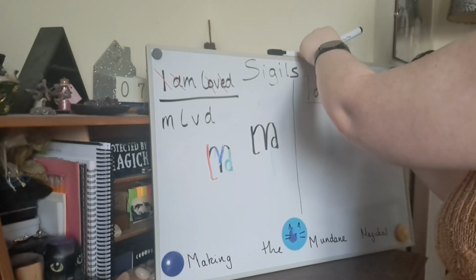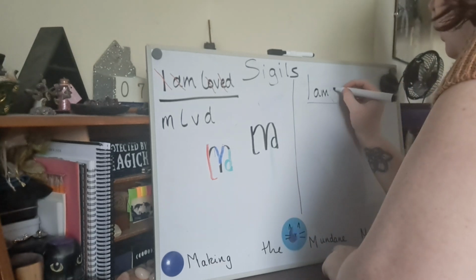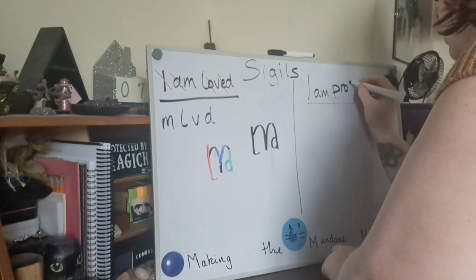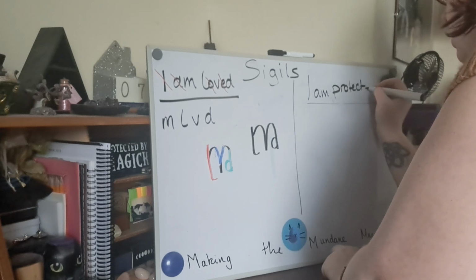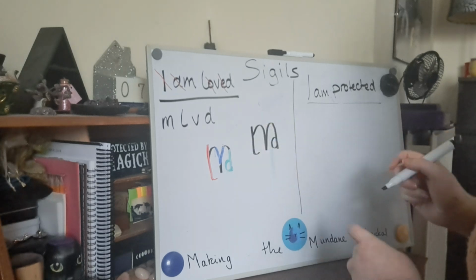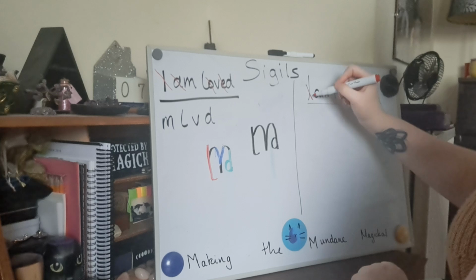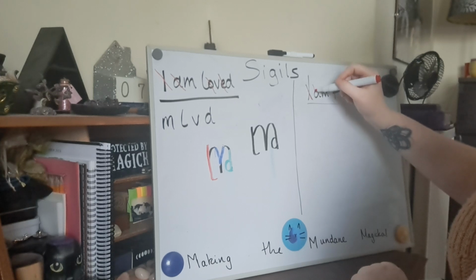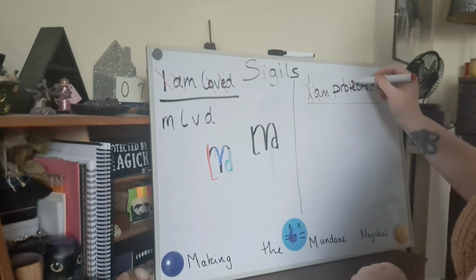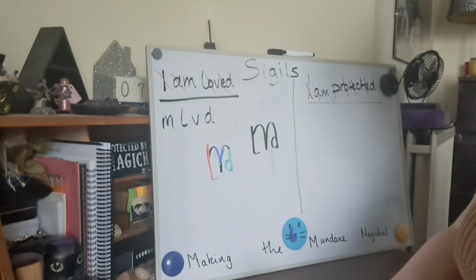this one, which is I am protected, which is a little bit different, and you'll see why. So we do the same again. We get rid of all vowels. So the I goes, the A goes, the O, and both the E's. So we just get rid of them.